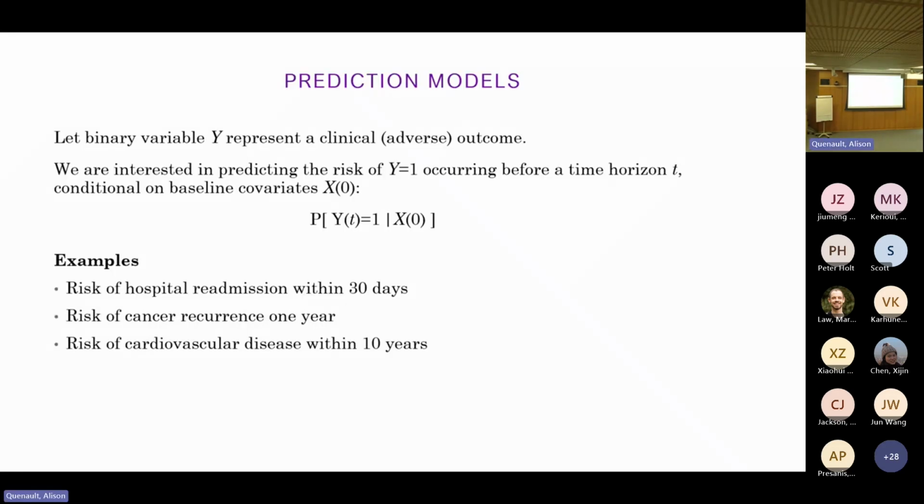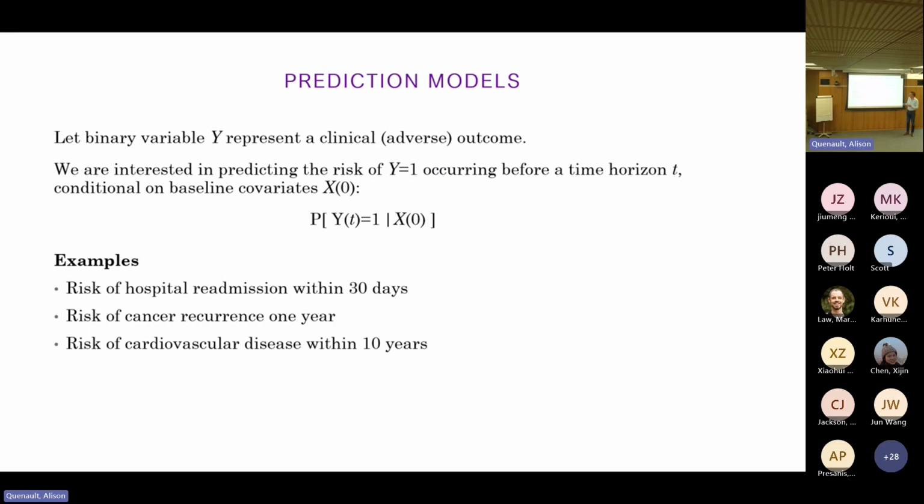So prediction models, this is probably all familiar to you. If we have some binary variable Y that represents an adverse clinical outcome, then in prediction modeling, we're interested in predicting the risk that Y is 1 at a particular time horizon t, conditional on baseline covariates X0.